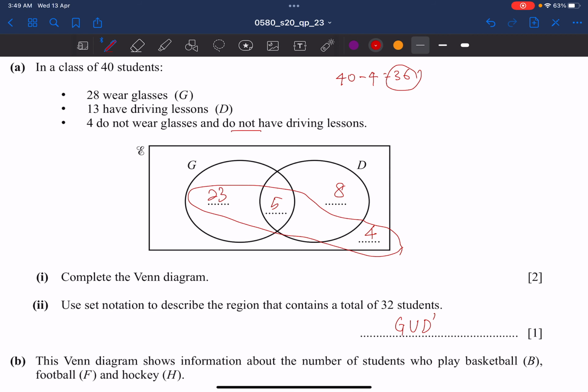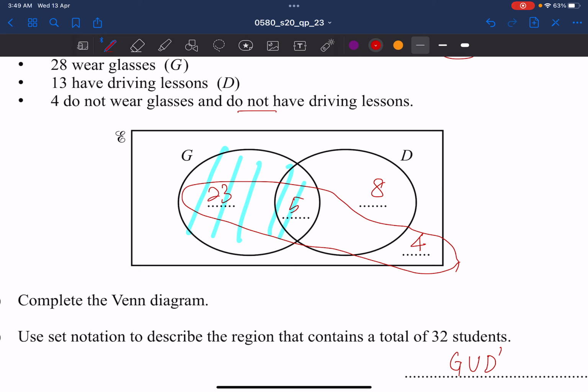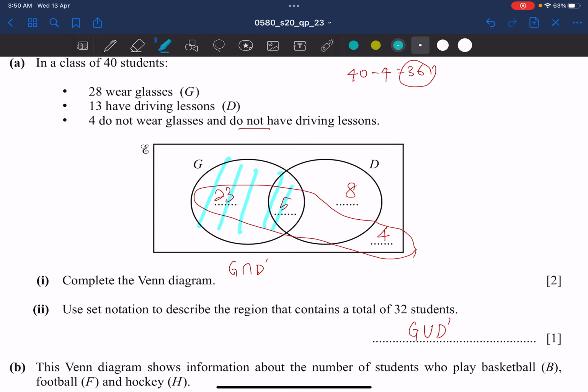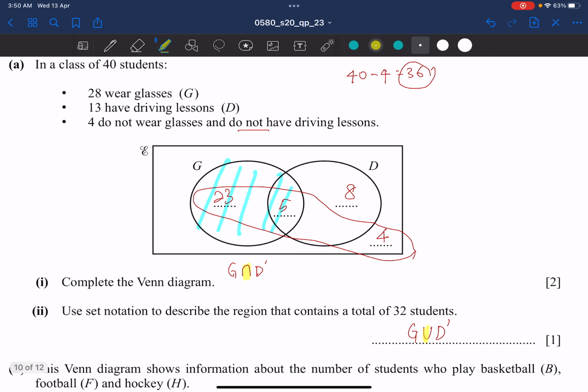All right. So if we have asked you to describe using set notation to describe this set, this will be what? This will be G, in G but not in D, right? So G at the same time intersect the inverse, D complement. Okay, so you need to be careful of the differences between these two.